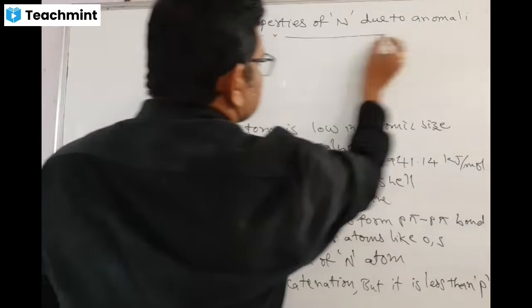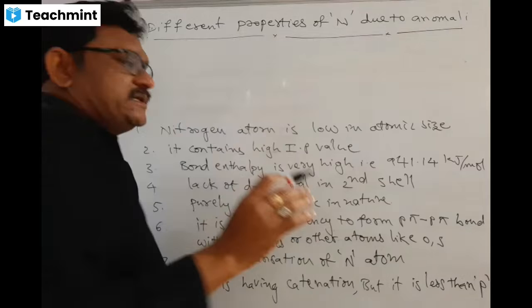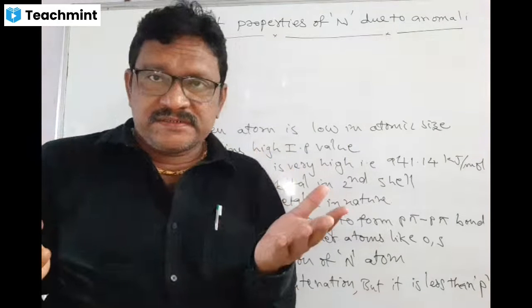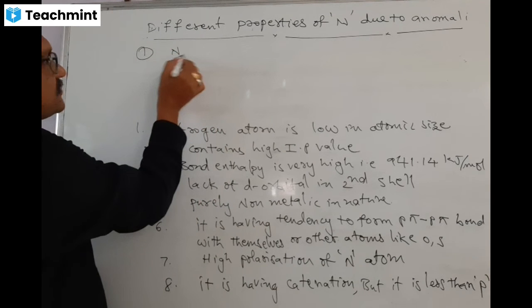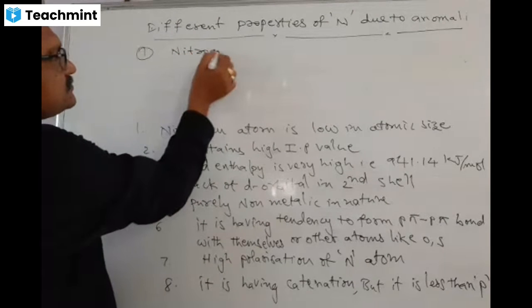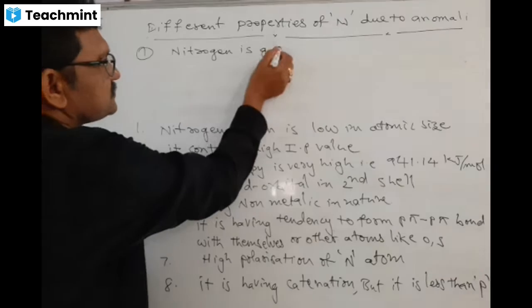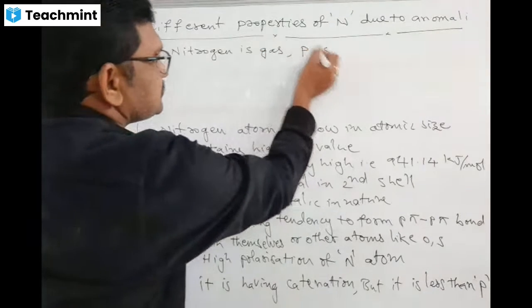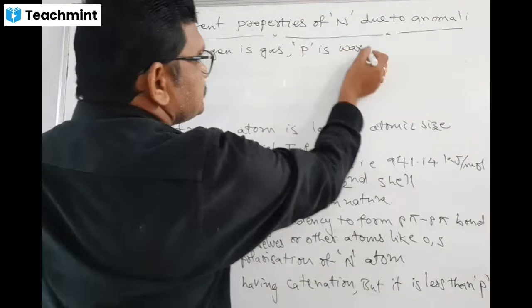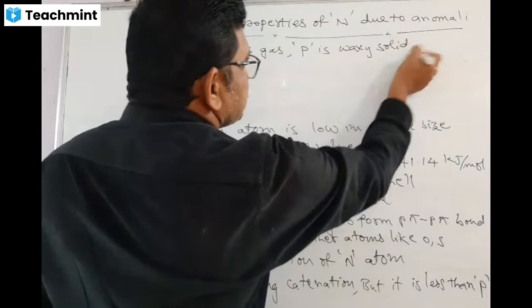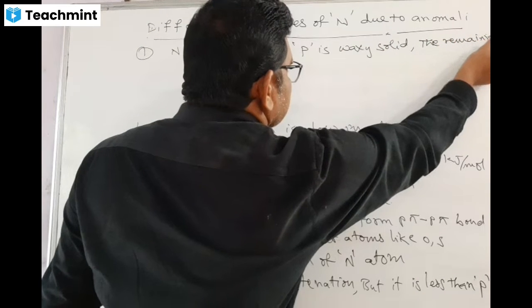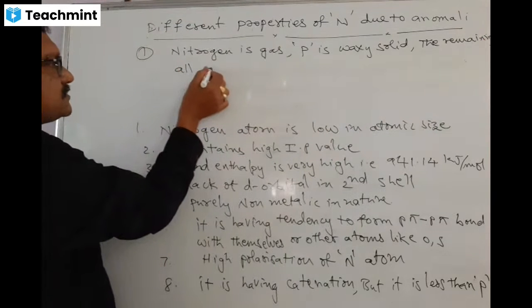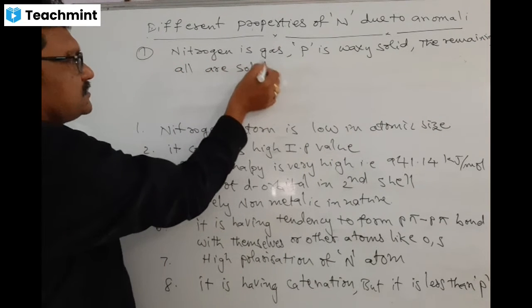In its physical state, it shows difference. What is that? Nitrogen is a gas. Phosphorus is a waxy solid. The remaining are all solids.